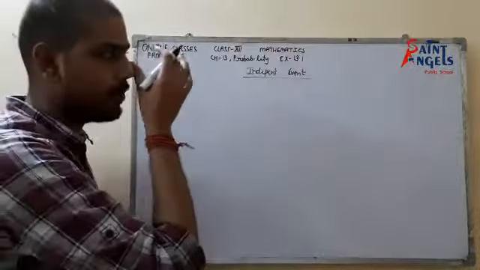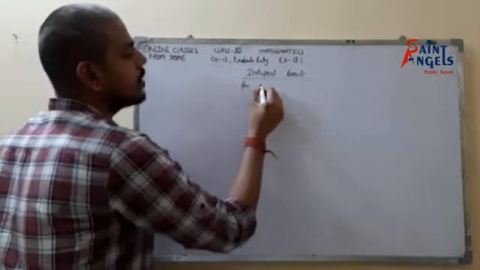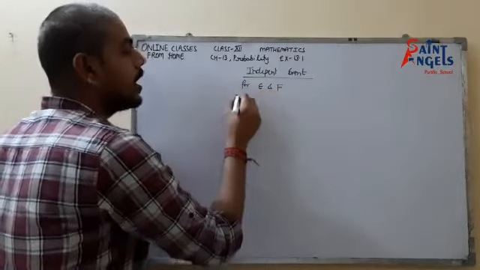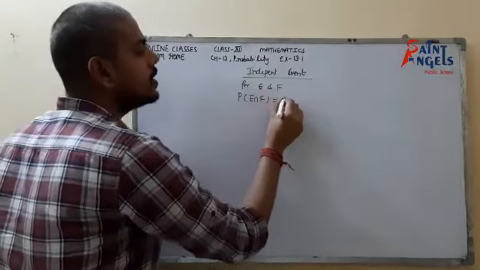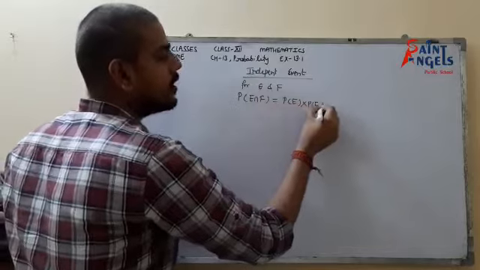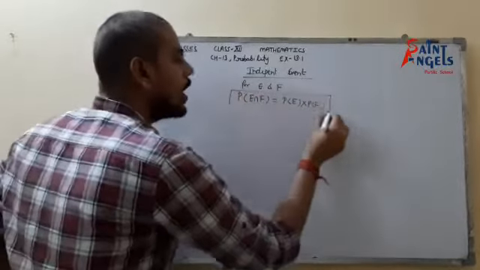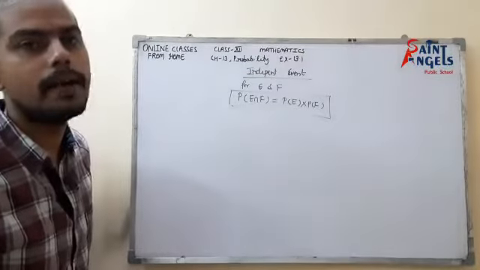Now this is a fifth type, independent events. For events E and F, if the probability of E intersection F is equal to the probability of E multiplied by the probability of F, if this condition holds for any 2 events, then those 2 events are known as independent events.